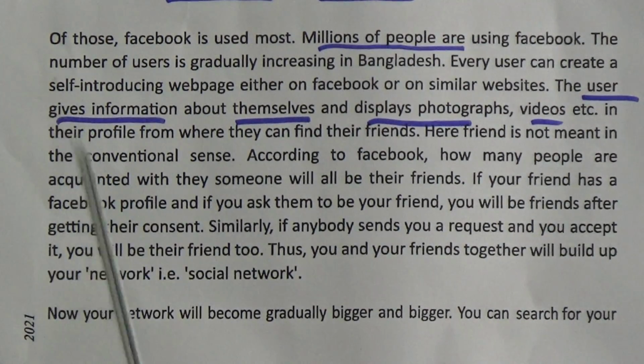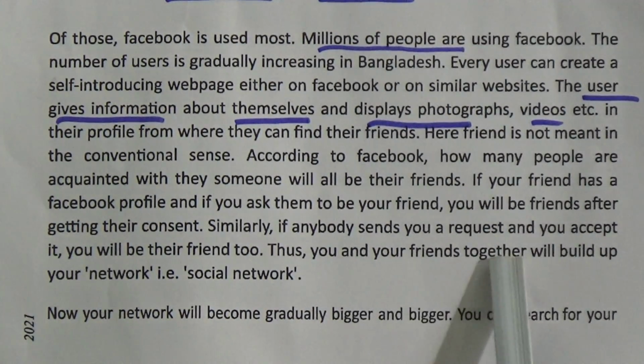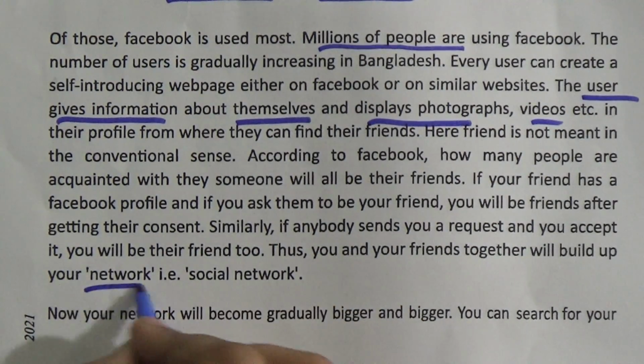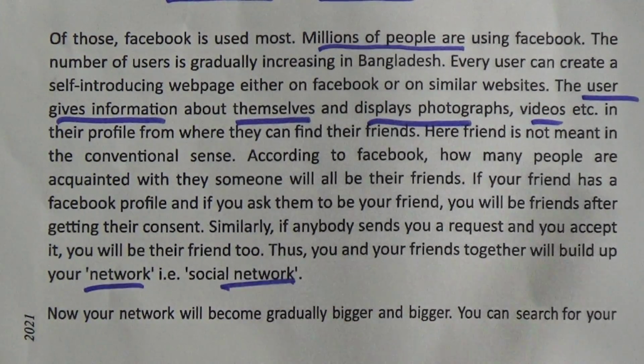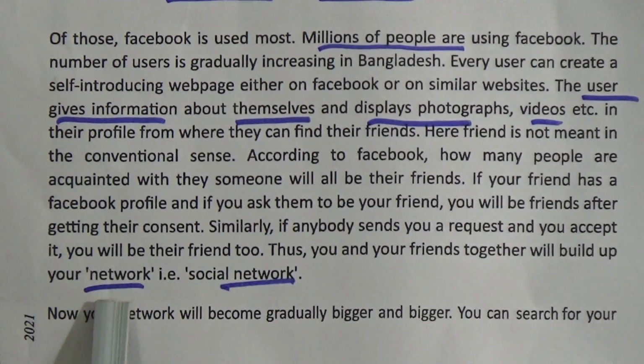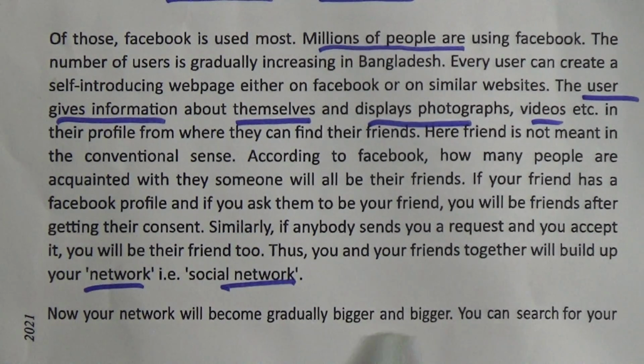Okay, so this is the process of Facebook. Thus, you and your friends together will build up your network, or social network. I mean Facebook, the system of social networking. Now your network will become gradually bigger and bigger.